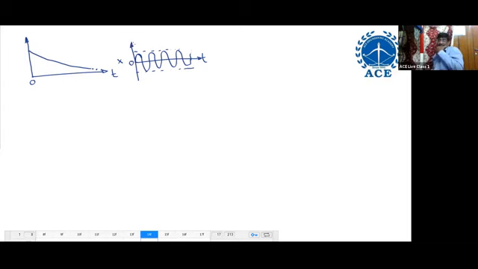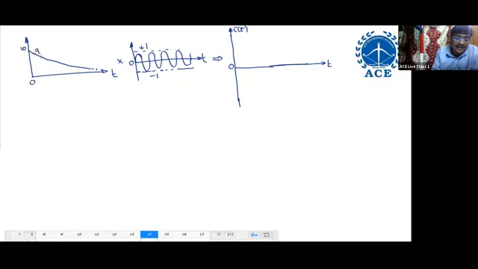For example, take the sine as plus 1 and minus 1, and the decay values as 10, 9, 8 and so on down to 0. Just take the product, that's all.